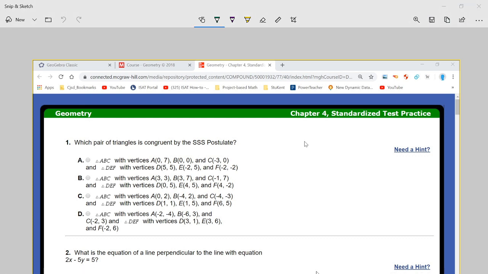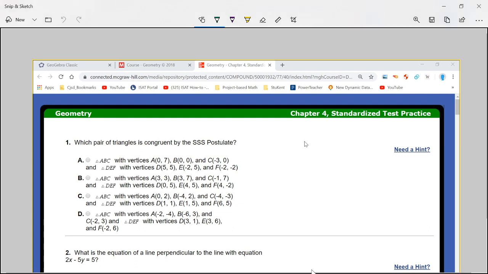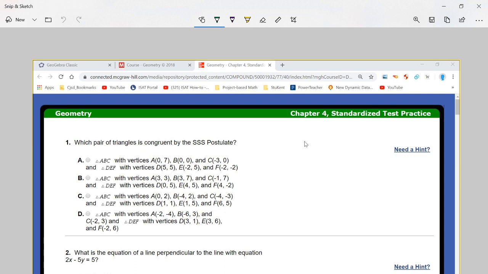So while we're waiting for this to come up, there it is. So what we're thinking about is that this says side, side, side, or SSS, and SSS means side, side, side. So what we're talking about here is that the corresponding sides match.